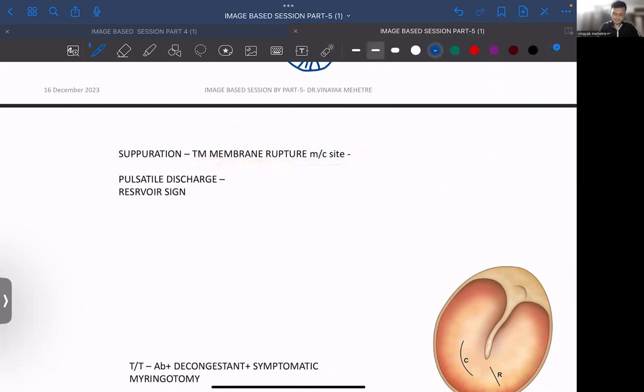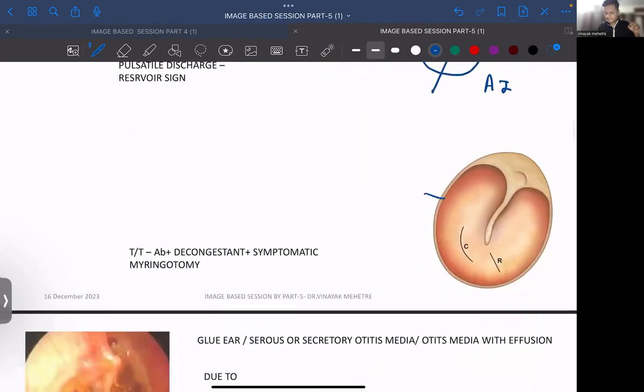Now tell me the most common site of suppuration or tympanic membrane rupture in ASOM. How do we divide the tympanic membrane? We divide it like this: anterior superior, anterior inferior, the front side. Our ear is tilted, so the bottom side is actually the front side.